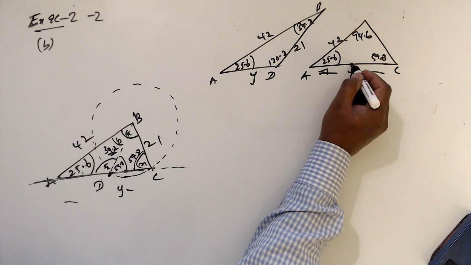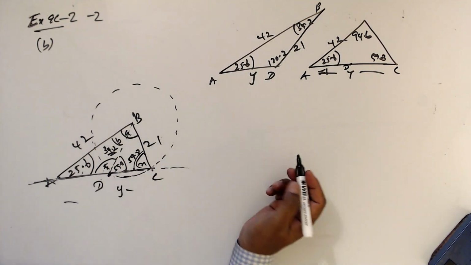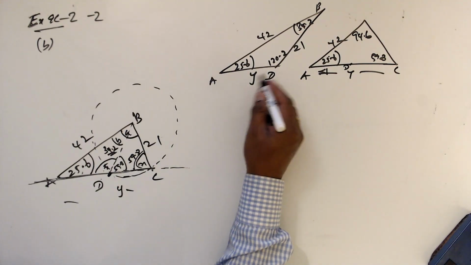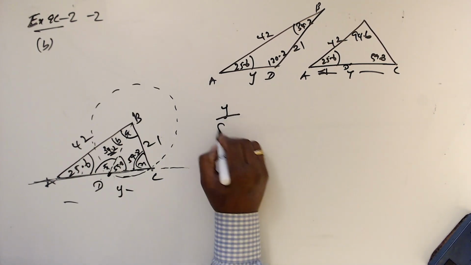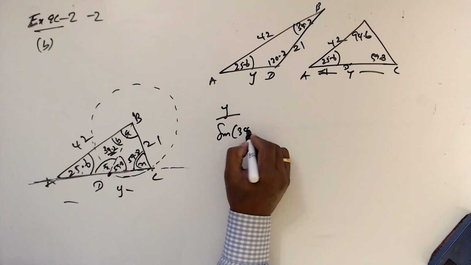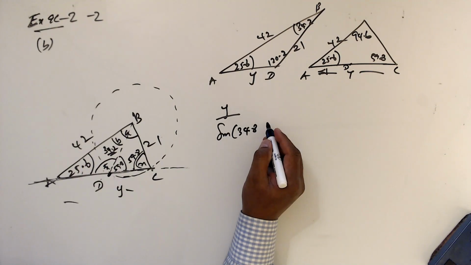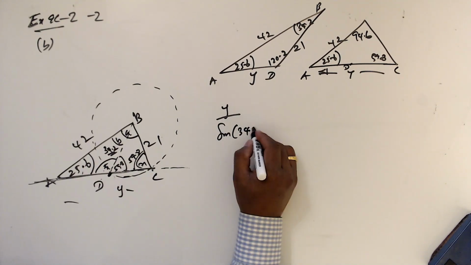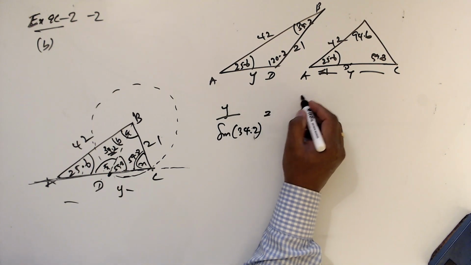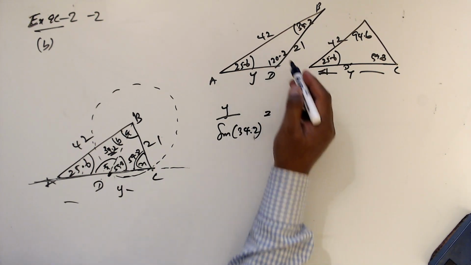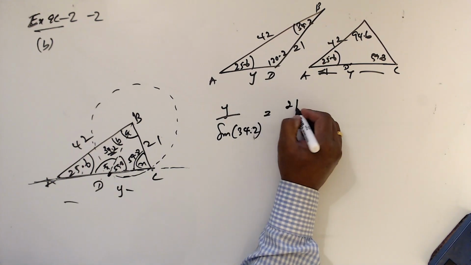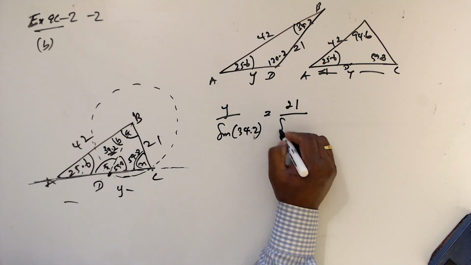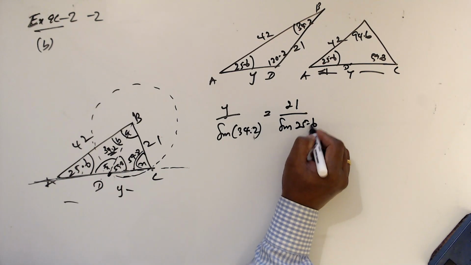So D is C, actually the D value, this D. Now we have to find Y. Now we can write Y over sine 34.2 equals 21 over sine 25.6.